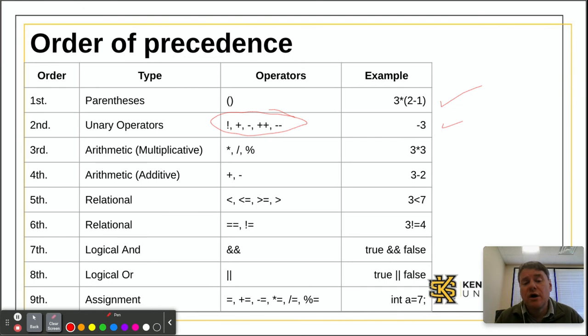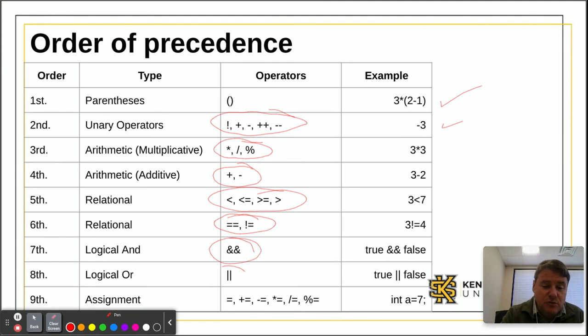After that, we do all of the arithmetic operators. Specifically, we do the multiplication ones first, which is multiply, divide, and modulus. Then we do the additive ones, which are plus and minus. Then we do all the relational operators. Then we do the equals. Then we do ands. Then we do ors. And finally, we do any assignments that we might have.